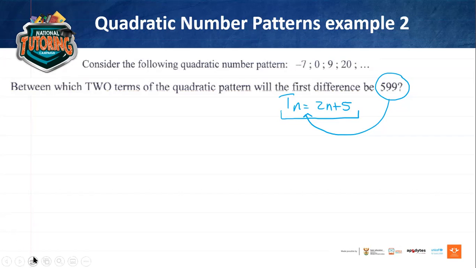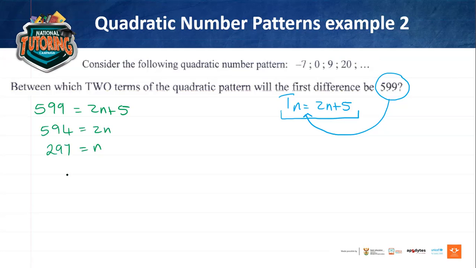So I'm going to substitute 599 into this formula, and solve for n. It's a linear number pattern, so I can subtract: 599 minus 5 gives me 594 is equal to 2n. Solve for n by dividing by 2, and I get 297.